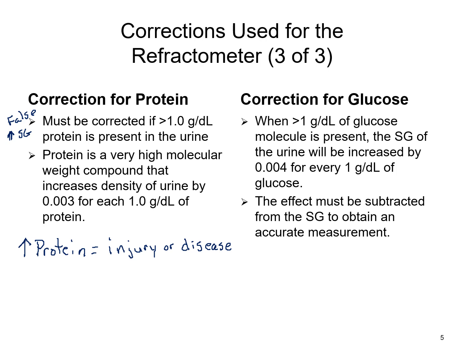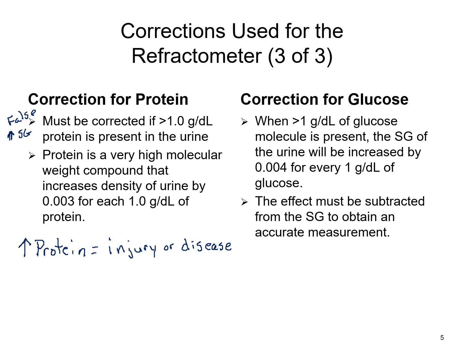Protein is not normally found within the urine because those protein molecules cannot pass through the glomerular membrane. So when you start seeing the protein spill over, that means the integrity of that glomerulus has been compromised, usually due to some kind of injury or disease, which allows those proteins to pass through and be excreted within the urine.